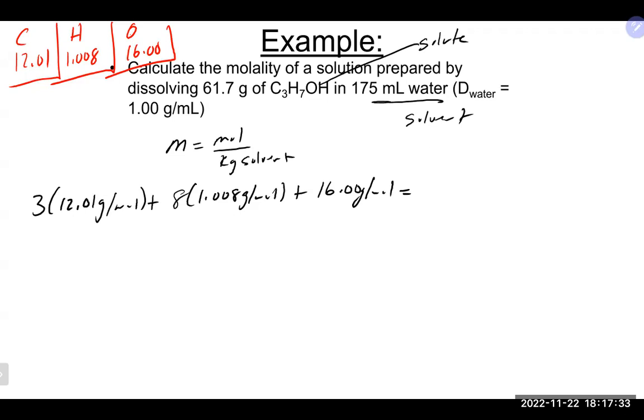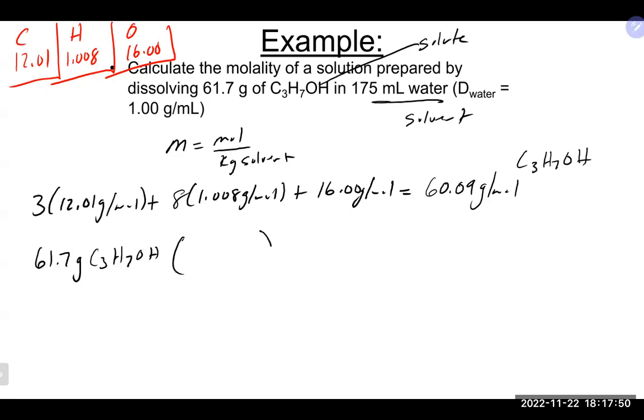That gives us 60.09 grams per mole, which would be the molar mass of our C3H7OH. We'll use that obviously to convert our grams into moles. We're going to divide by it.